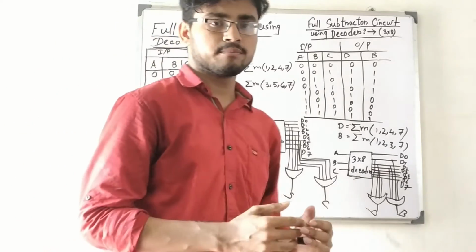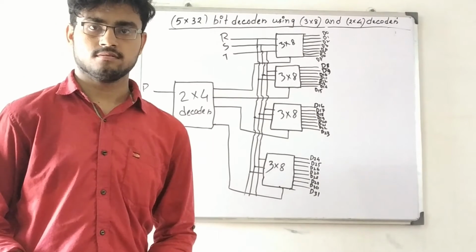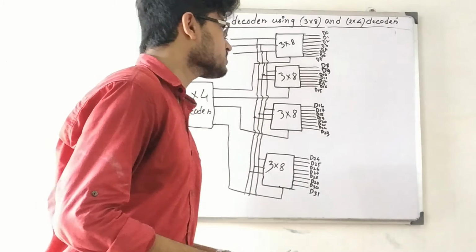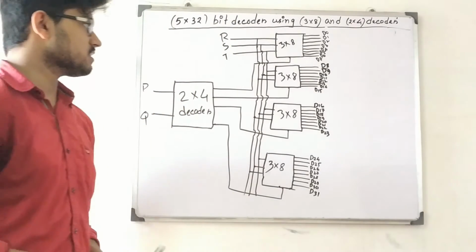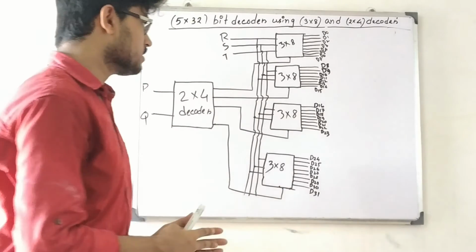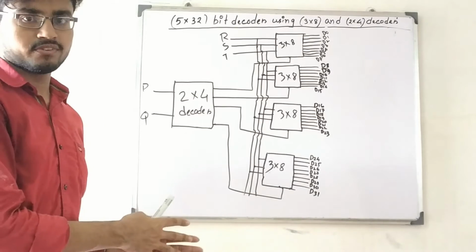Now we will see the 5x32 decoder circuit using 3x8 and 2x4 decoders. It is impractical to draw a 5x32 decoder directly because we would need to give so many lines, 32 output lines and 5 input bits.